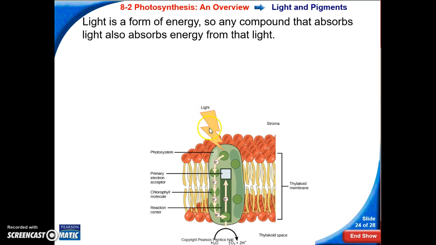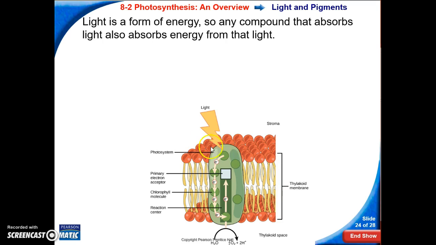So if you think of light as a form of energy, that energy enters the chloroplast and then it enters the thylakoid. And this is actually a picture showing the membrane of a thylakoid. So a thylakoid has a lipid bilayer membrane, just like our cells do.